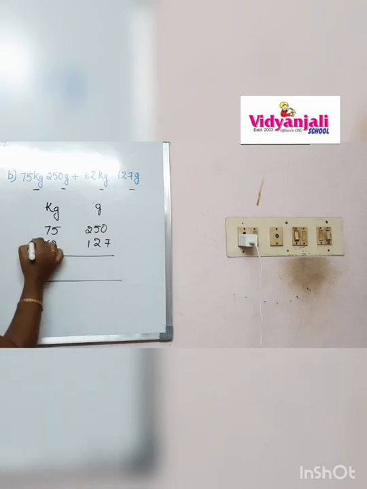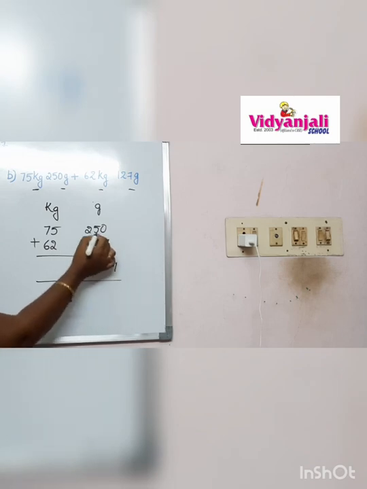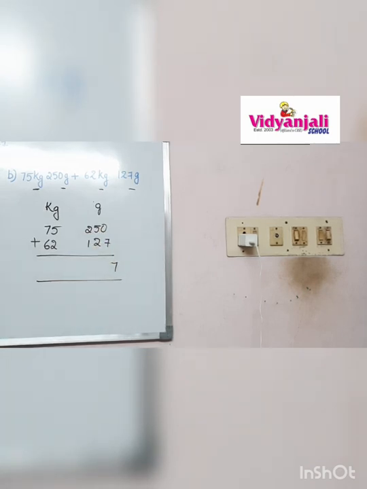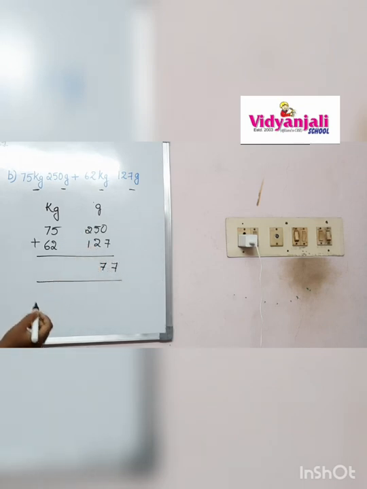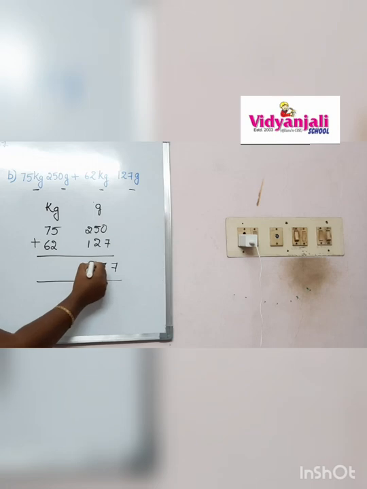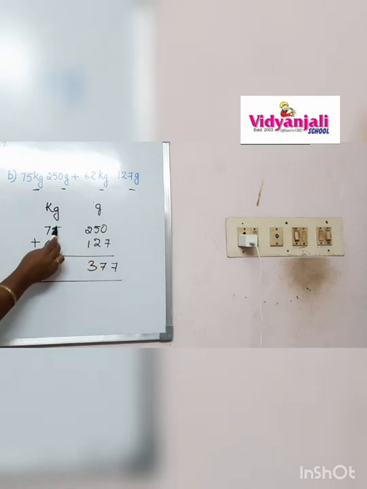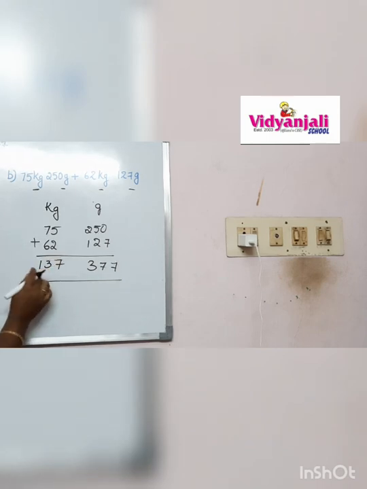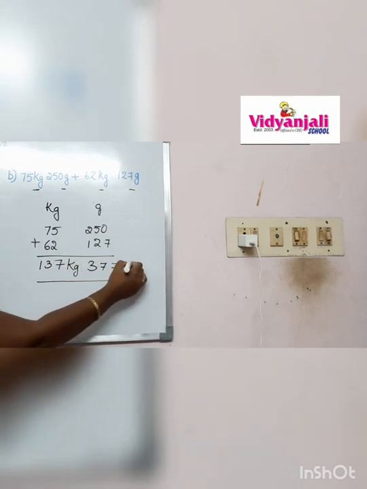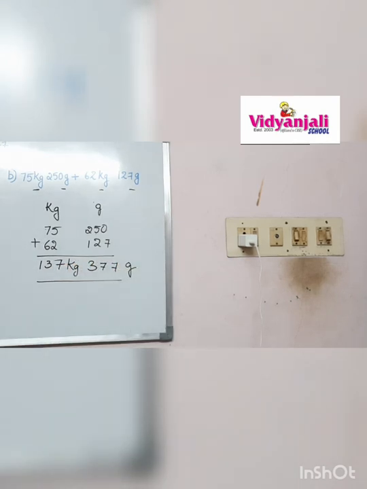Now you add it. 0 plus 7 is 7 itself. 5 plus 2 is also 7. 2 plus 2 plus 1 is 5, and 5 plus 2 is 7. And 7 plus 6 is 13. So the answer is 137 kgs 377 grams.